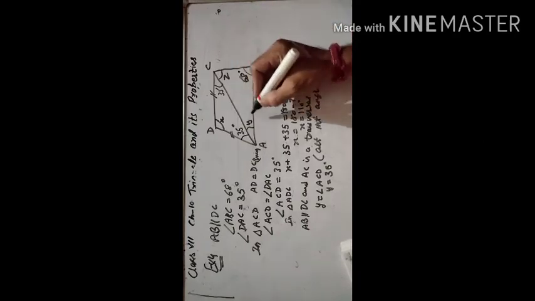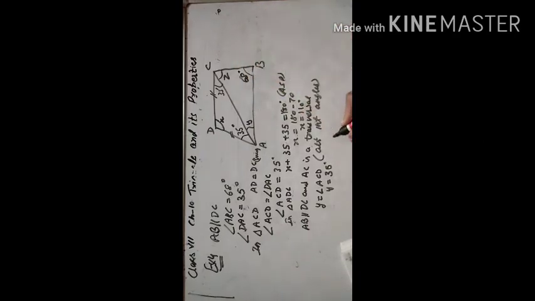Now z plus y plus 68 is equal to 180 degrees, angle sum property. The value of y is 35, so 35 plus 68 plus z is equal to 180 degrees, which implies z is equal to 180 minus 35 minus 68, so z is equal to 77 degrees.